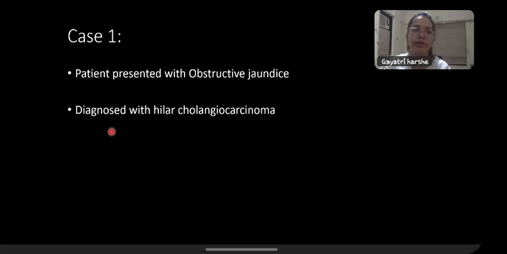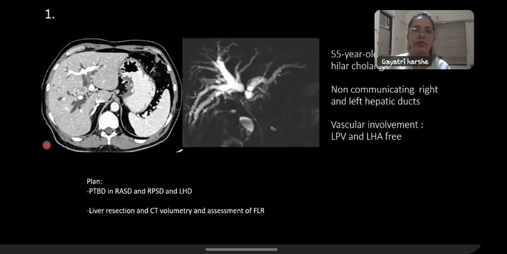So, this patient presented with the obstructive jaundice and diagnosed with the hilar cholangiocarcinoma. So, you can see here that this is the ill-defined heterogeneously delayed enhancing lesion in the hilum, which is causing dilatation of right as well as left duct.